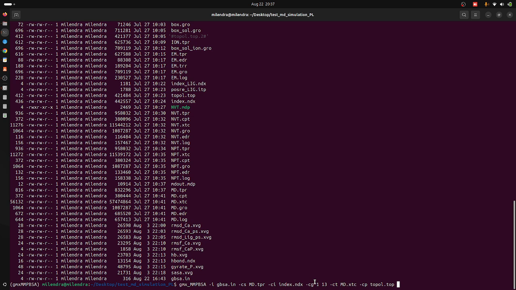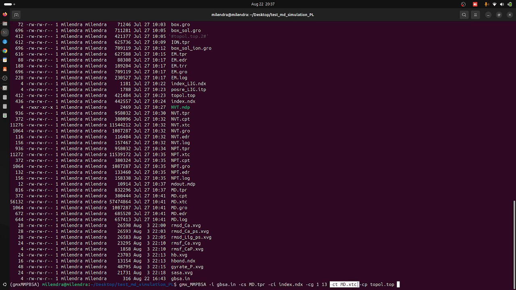So 1 represents the protein and 13 represents the ligand, because we want the binding energy between protein and ligand, so that's why we have given the 1 and 13.